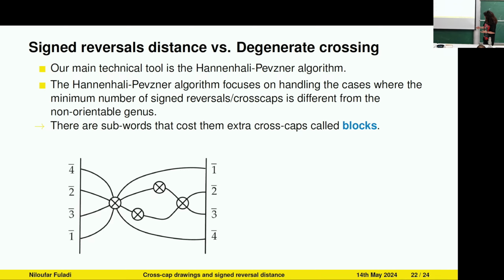Okay, so the minimum sign reversal distance is more than the non-orientable genus, as I said, and there are some elements that are responsible for these extra ones. These are something like this, which I call blocks, but they call hurdles.